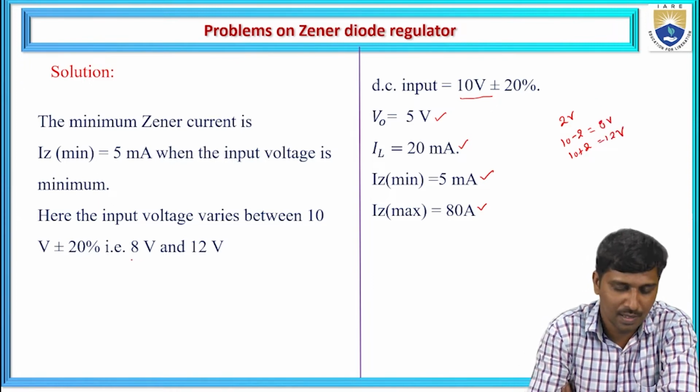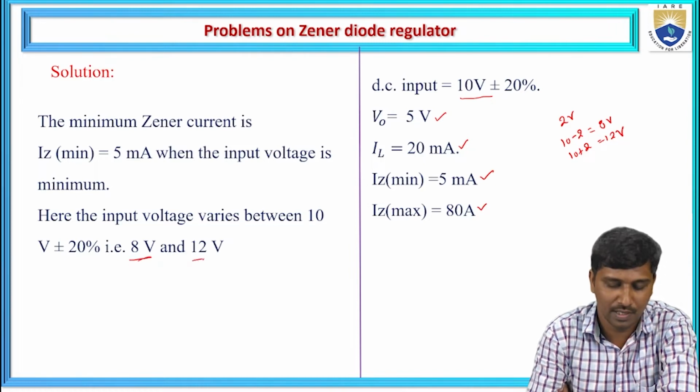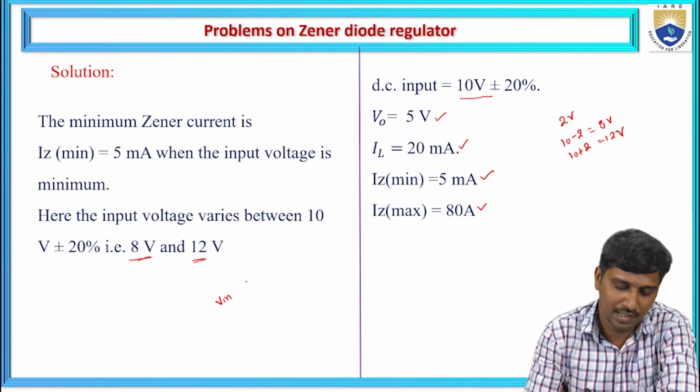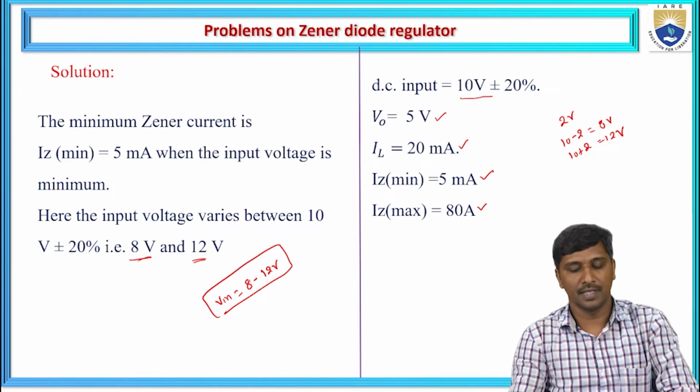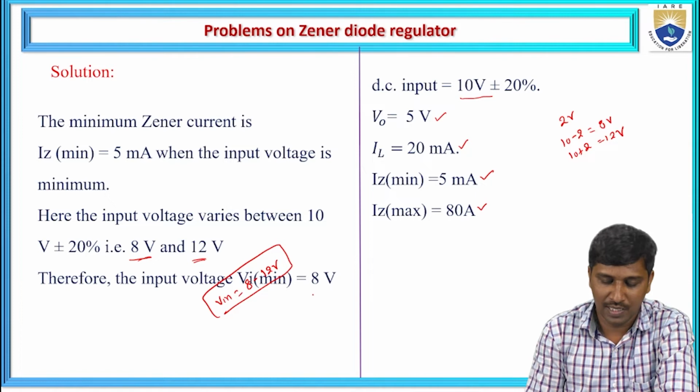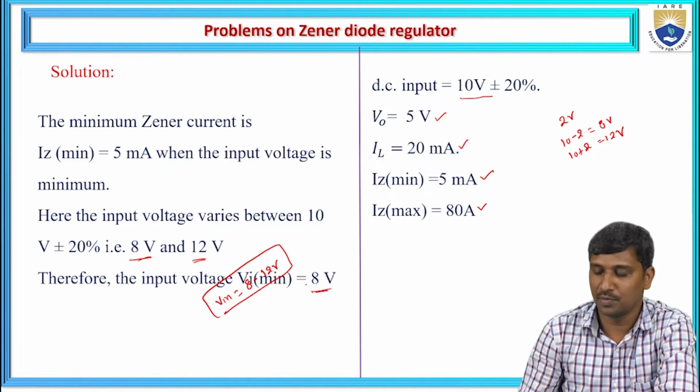The Vin lies between 8 and 12 volts, that is the given input voltage. Therefore, I need to consider Vin minimum as 8 volts.